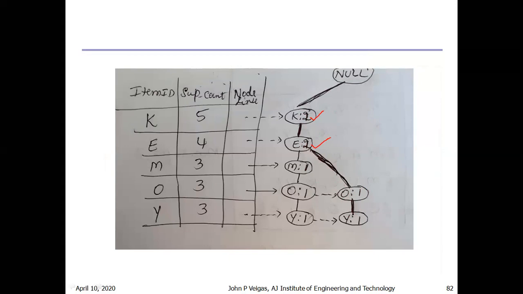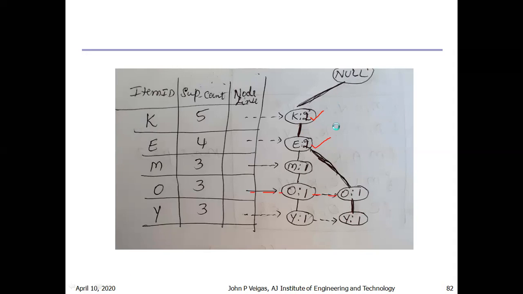Then Y is present, right? So we can write here, and you can connect this from this. So O is 1, again one more O. So this is the second ordered set, that is KEOY. I hope it is clear to you. Yes or no? Yes. KEOY.